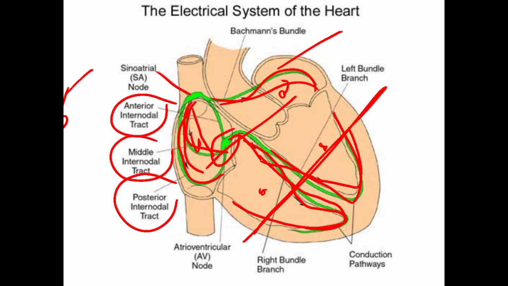Small Purkinje fibers arise here and conduct the impulses into the interior of the ventricular muscle fiber, and the ventricular muscle starts exciting, deeper into the muscle. This is the mechanism.